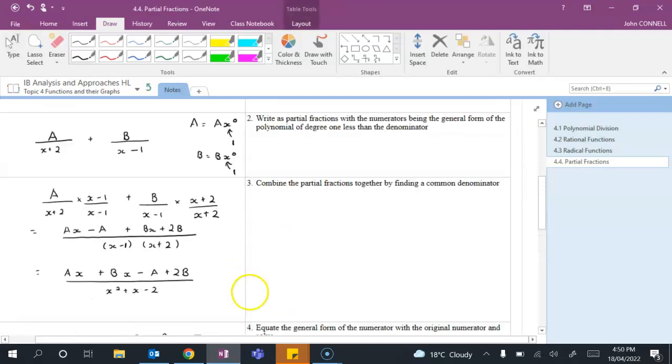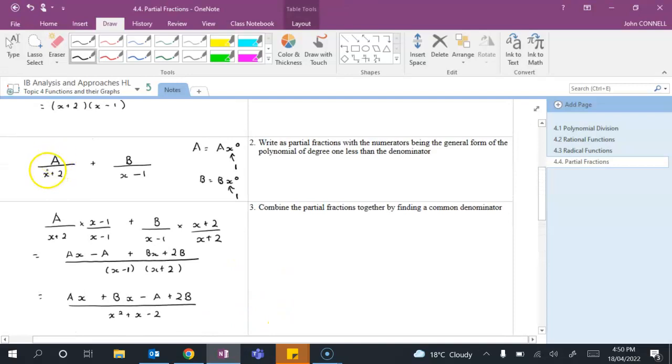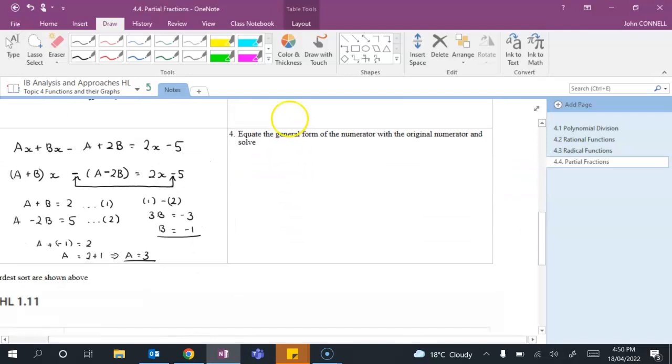Why do I want that? Well, remember I said a was the numerator over x plus 2 and b was the numerator over x take 1.